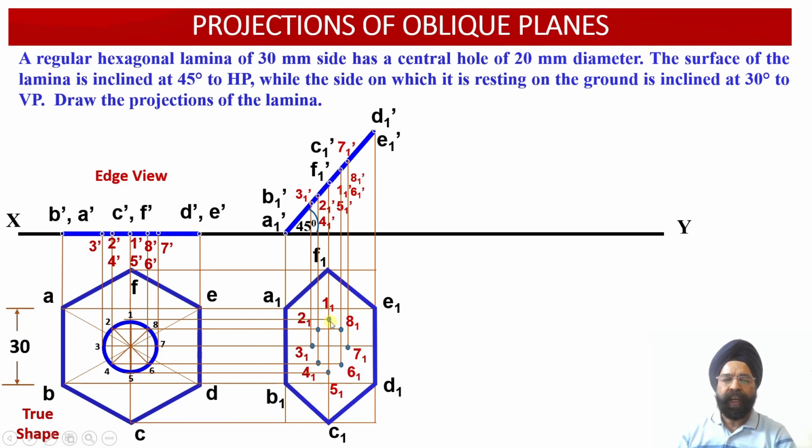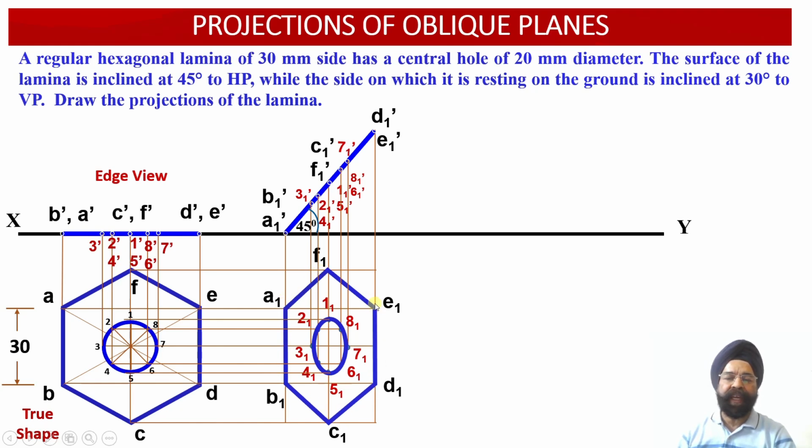This way, all the 8 points corresponding to the circular hole have been appropriately located in the plan projection view. This circle will appear like an ellipse in the top view projection, which is again an apparent shape. Similarly, this hexagonal lamina has been squeezed.